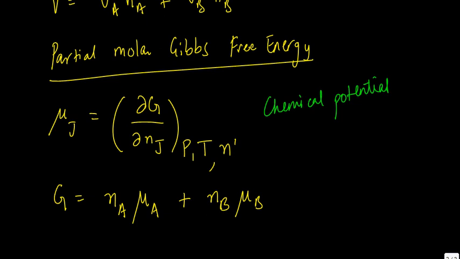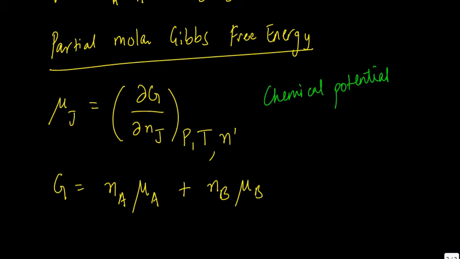Okay. So, right. Now what I am saying is that I need to add this quantity mu J times dN. From there I have got this: mu A times dNA, that would be dG.